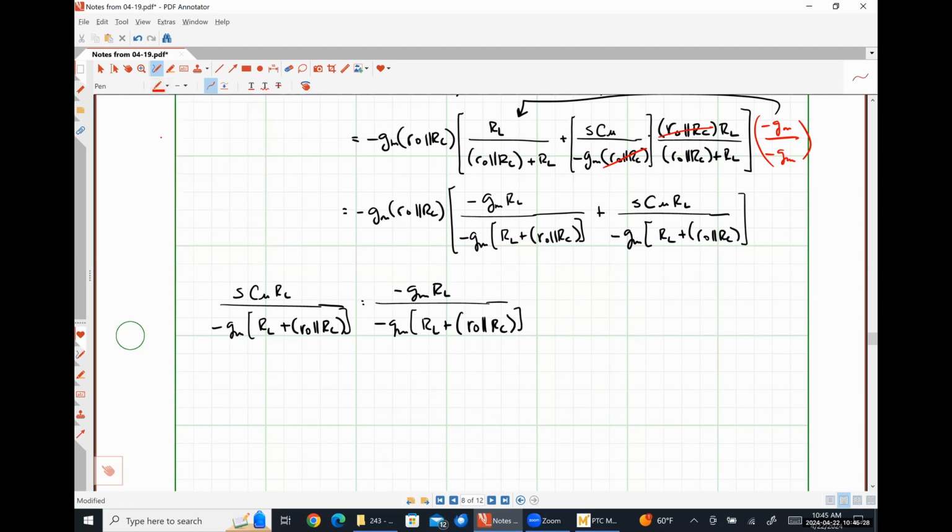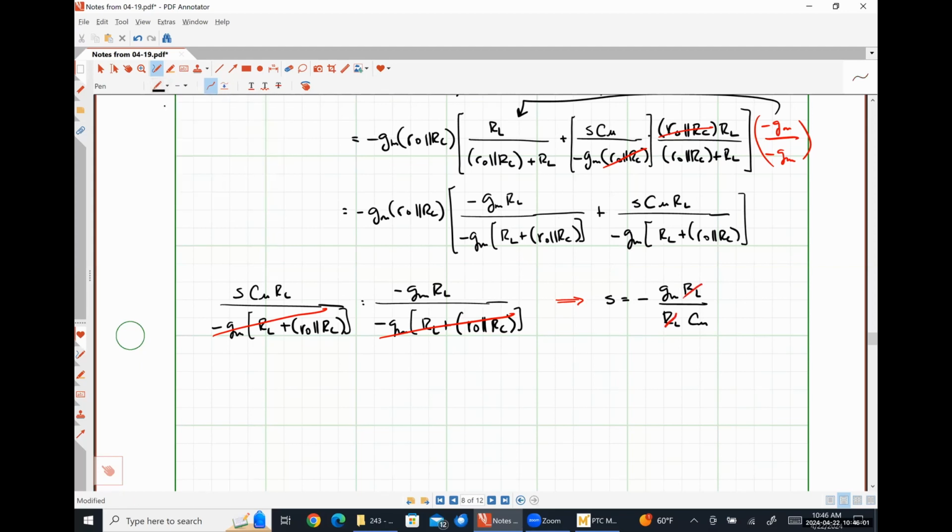And since our denominator is the same, they cancel. So from this, we would see that S would be negative GM RL divided by RL C mu. The RLs cancel.